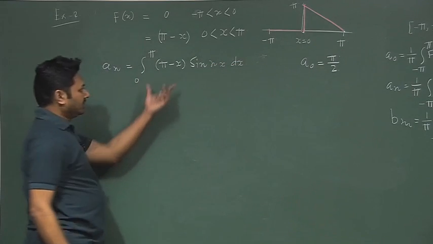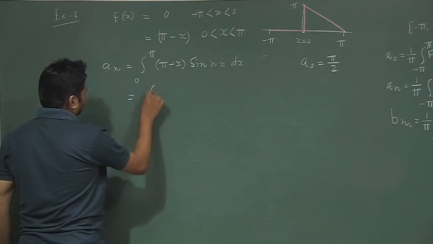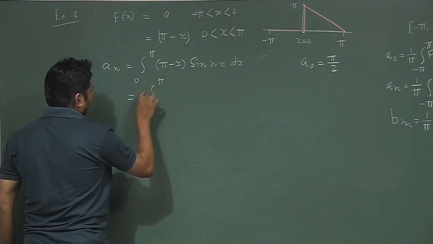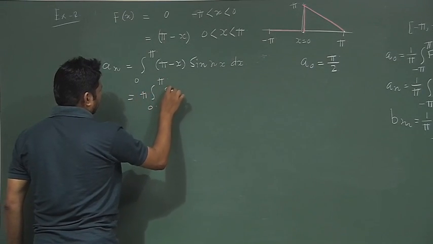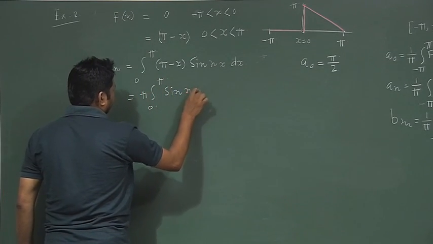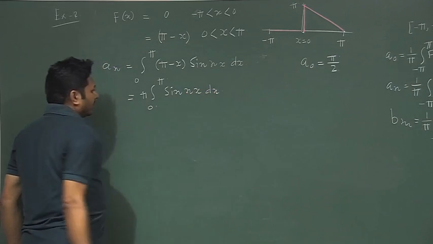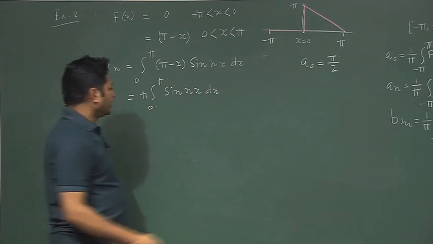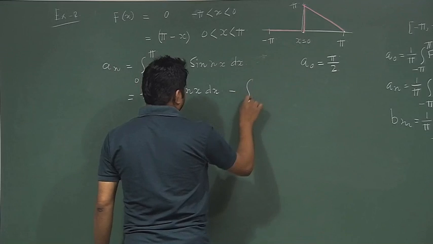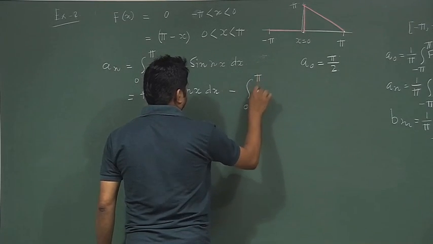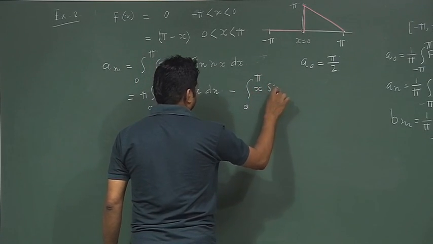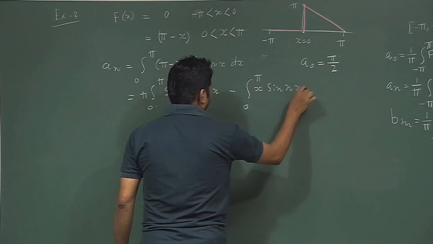There will be two integrals: the first is pi times the integral from 0 to pi of cos nx dx, and the second is the integral from 0 to pi of x cos nx dx. Step by step we will do.